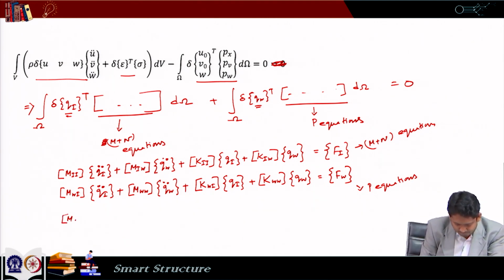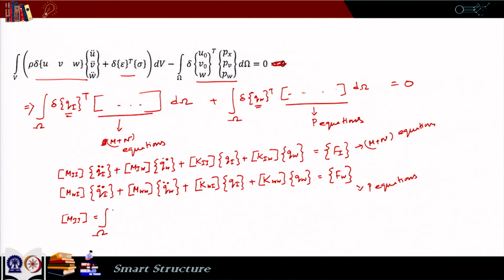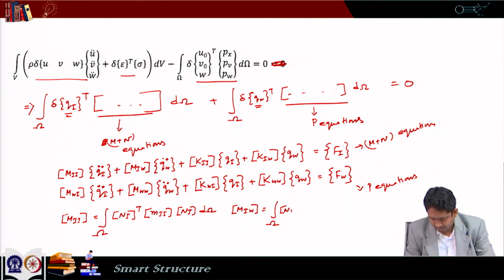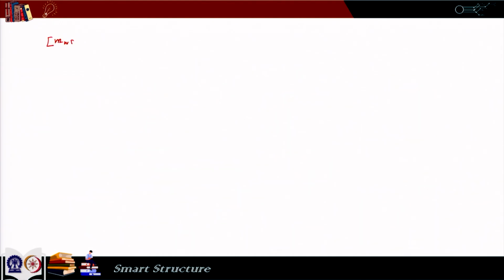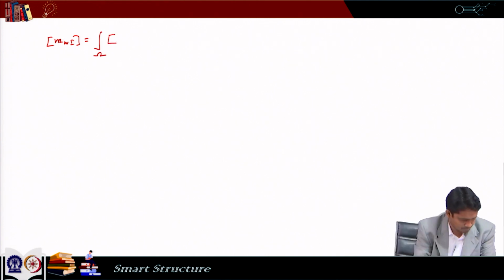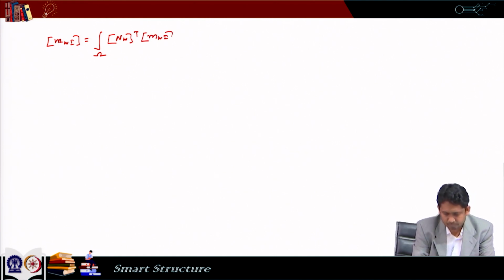MII is the integral over the surface of Ni transpose multiplied by MII into Ni, and then I have MIW, which is Ni, MIW multiplied by NW, and then we have MWI is equal to NW transpose multiplied by MWI multiplied by Ni transpose d omega.